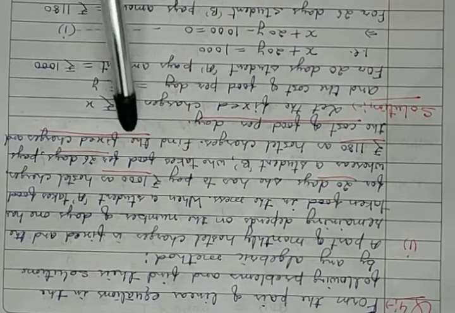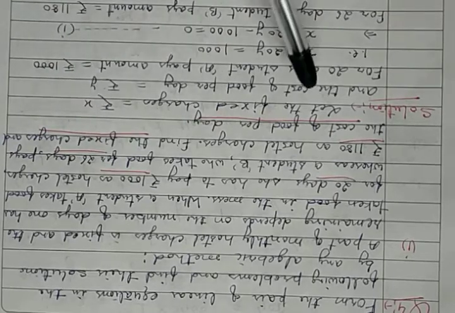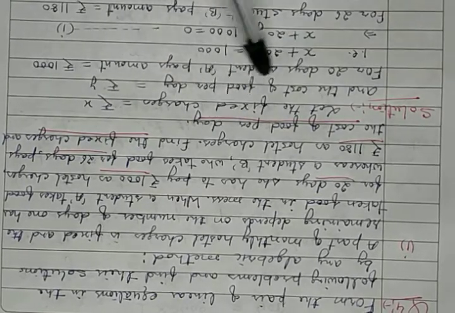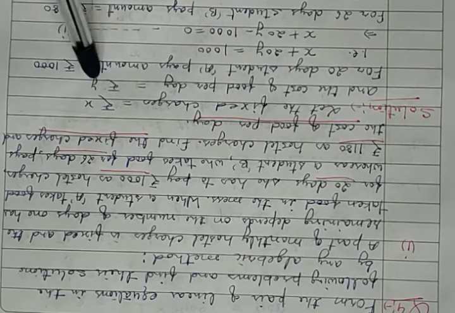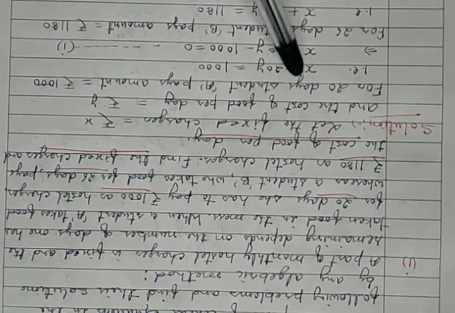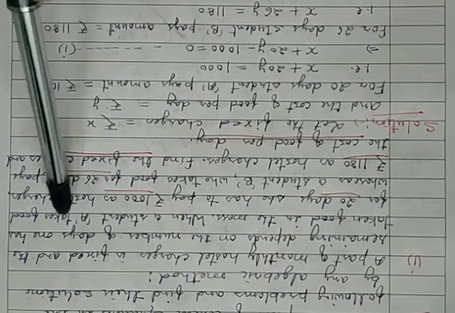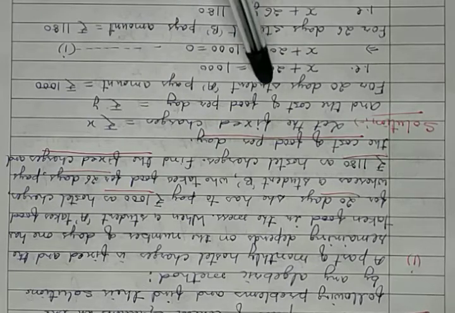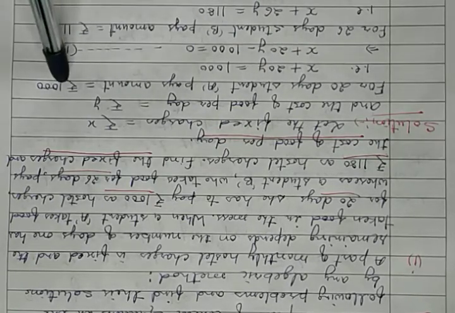Our question starts from here. Find the fixed charges. We don't know. Let the fixed charges be rupees X. Cost of food per day, that is rupees Y. For 20 days, student A pays rupees 1000.